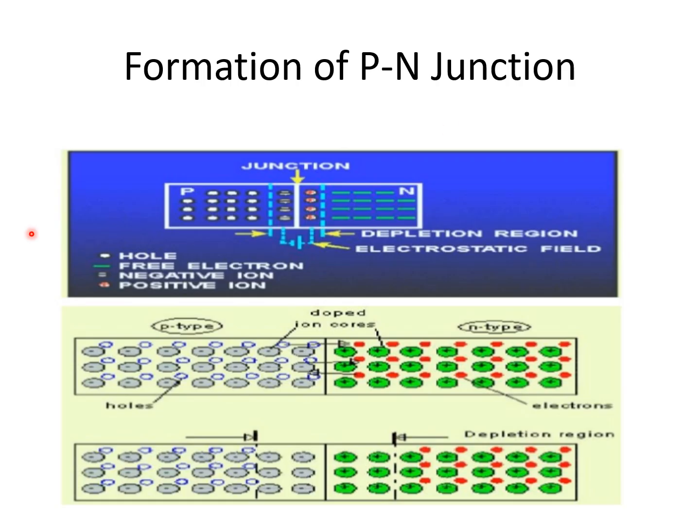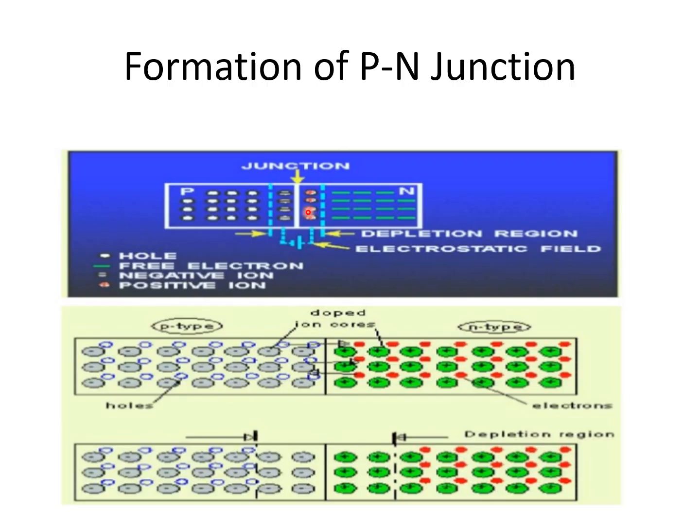That means to increase the conductivity of the semiconducting materials, we add impurities to the pure semiconductors. That process is called doping. We can dope trivalent impurities or pentavalent impurities. If you dope pentavalent impurities, we get the N-type semiconductor. If you dope trivalent impurities, we get the P-type semiconductor. Till now we know this.